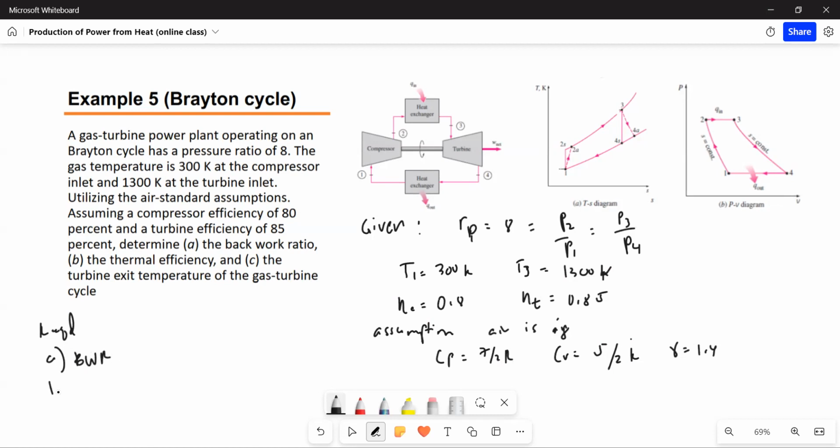Letter B, the thermal efficiency of the cycle, or eta TH. And lastly, the turbine exit temperature. Where is the turbine exit? T4. Okay, so let's write that.